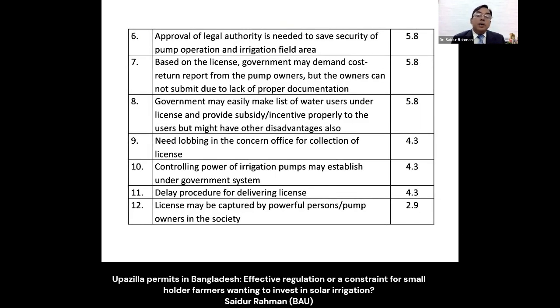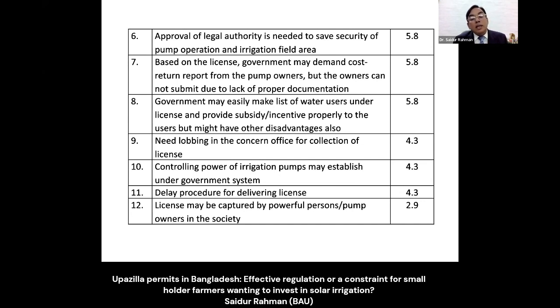And some other issues are that approval of legal authorities is needed to ensure security of pump operation and irrigation field area. There are some rules to maintain the distance as well as the area of coverage. And based on the license, government may demand a cost return report every year for having some sort of subsidy from the government. That is their worry. Government may easily make a list of water users under license, and they can also provide subsidy based on that.